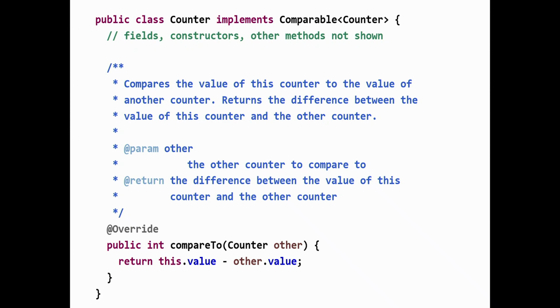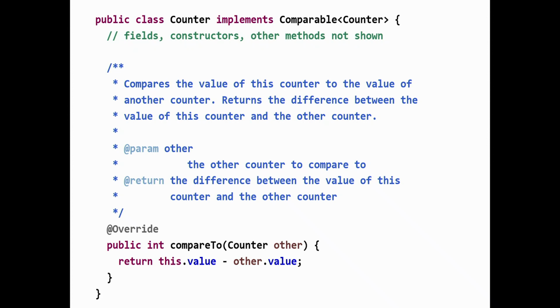Anybody see the problem? It's always the same problem when it's arithmetic. Anybody see it? It begins with an O. O-V-E-R-F. It's overflow. If value can be any int and other value can be any int, then that thing will overflow.